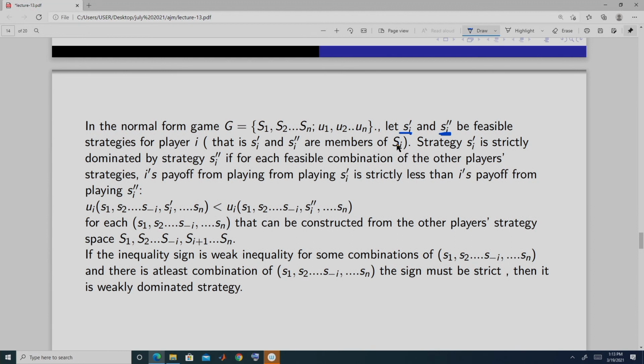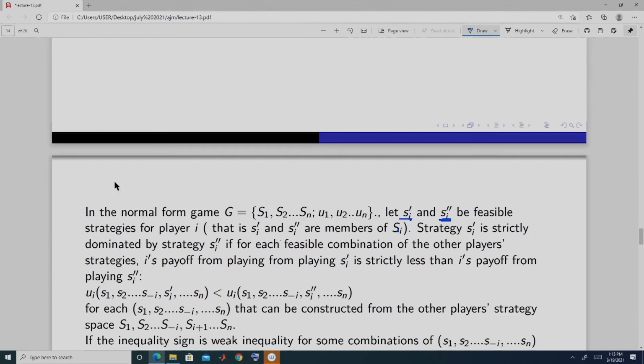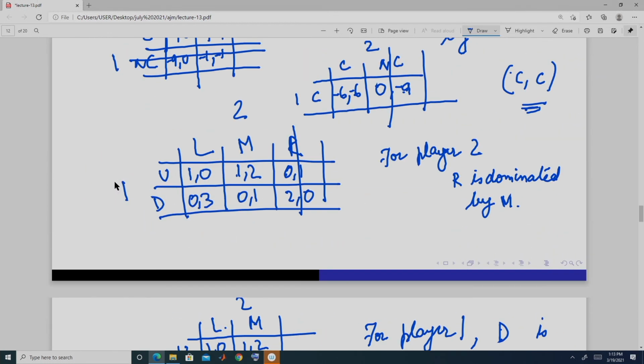Then strategy Si' is strictly dominated by strategy Si'' of player i if, for each feasible combination of other players' strategies, it is like this. So, if this is dominated by this, then for all the possible combinations you have to compare this with this and this with this, right.